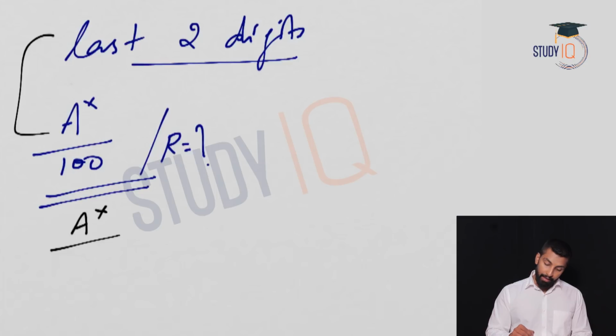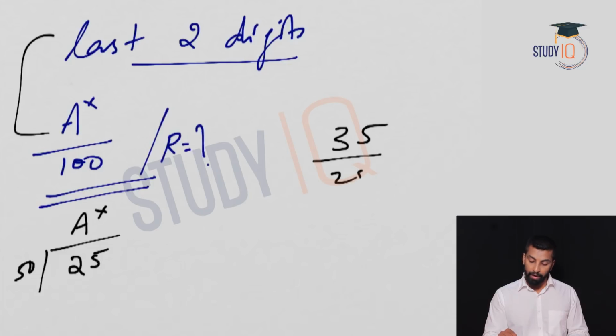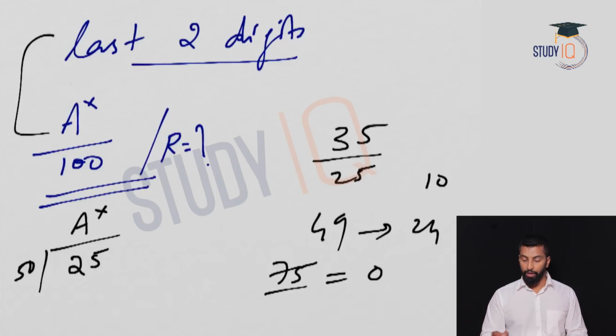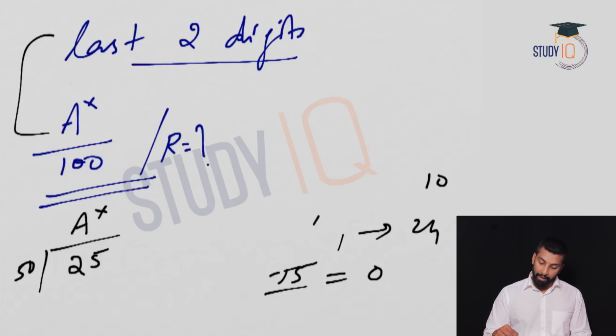For that matter, if I ask you a raised to x divided by 25, still you can answer by seeing the last 2 digits. If the last 2 digits is 35, what is the remainder? You divide by 25, 10. If the last 2 digits is 49, what is the remainder? 24. If the last 2 digits is 75, what is the remainder? 0, because 75 you can divide. If the last 2 digits is 81, what is the remainder? 6 is the remainder.